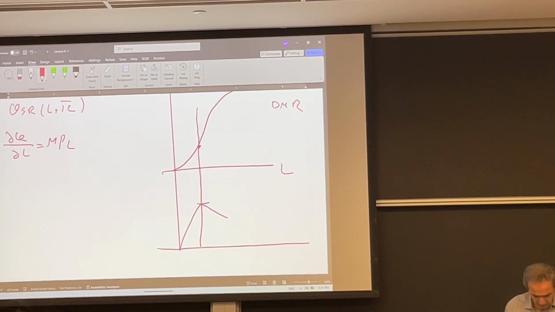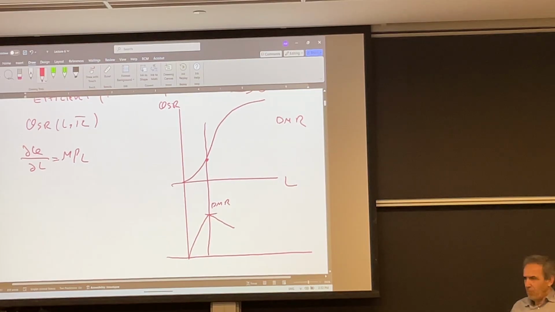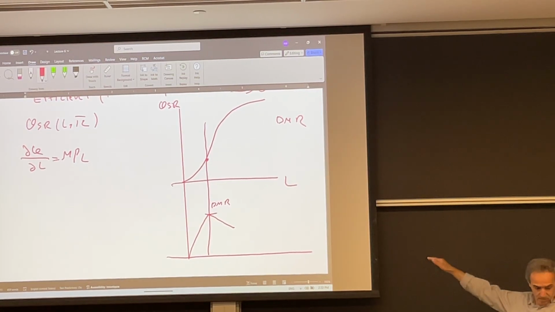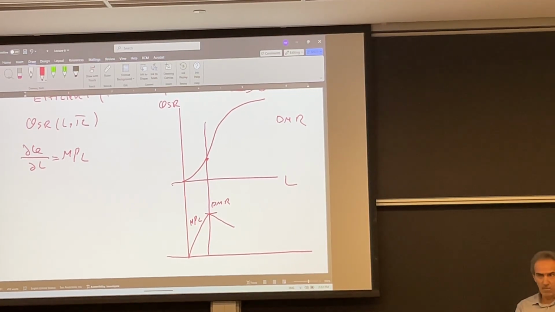This is where DMR sets in. Then you have not enough capital, the labor won't produce as much, then productivity falls. Make sense? That's the shape of MPL, which is governed by DMR, and DMR is not required. I'm saying it many times, that's not required. The only assumption you make is efficiency, that's it. DMR is typical, not required.